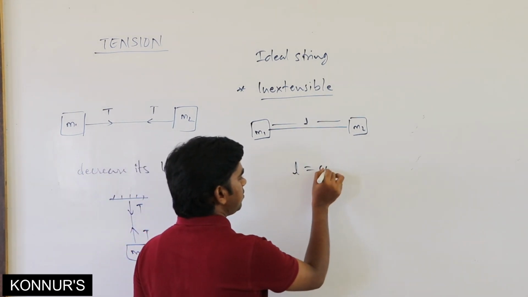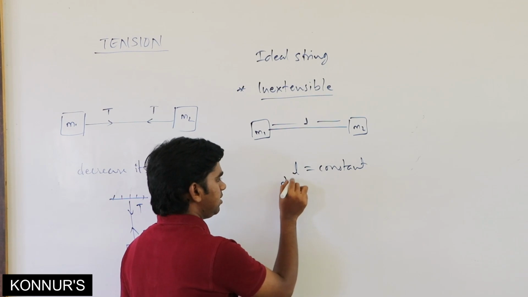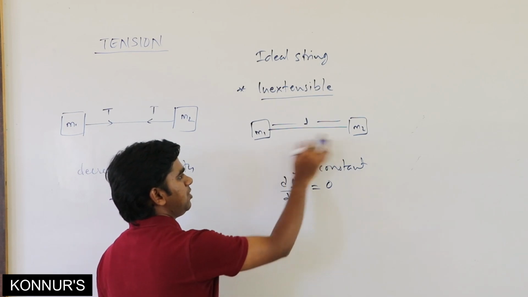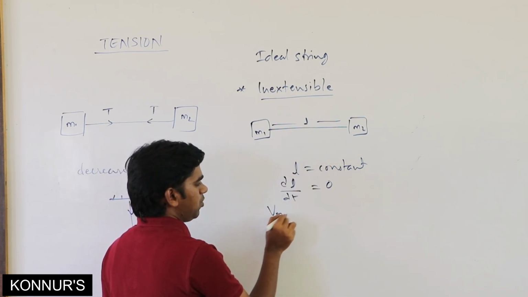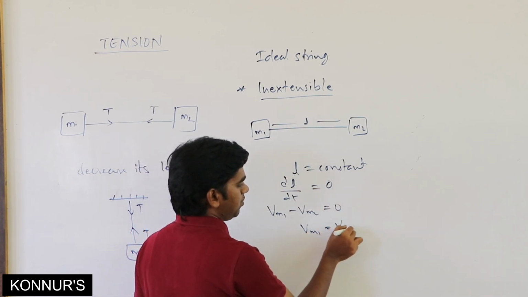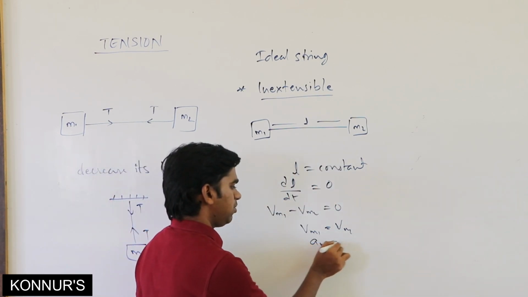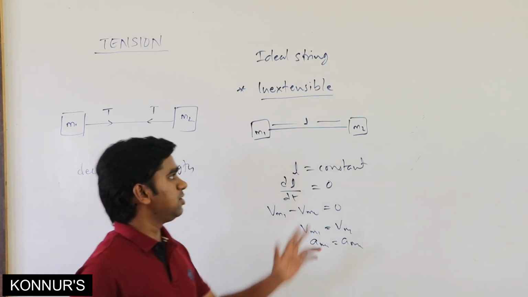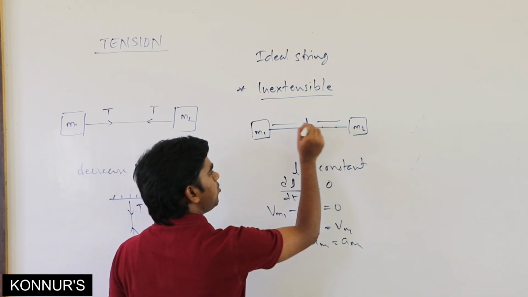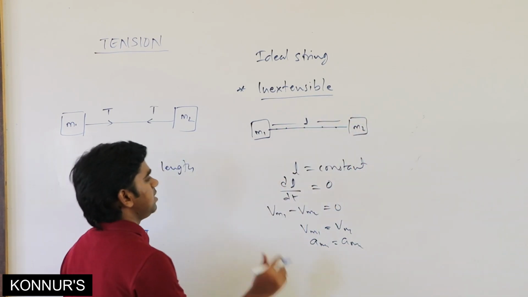That means the length is constant, so if you differentiate it, dL by dt equals 0. Taking the relative velocity, you can say Vm1 minus Vm2 equals 0. That means Vm1 equals Vm2, so both bodies move with the same velocity and the same acceleration. That is what we consider for an inextensible string. You can take any point on this string, and they all move with the same velocity. That will come later in constraint motion.